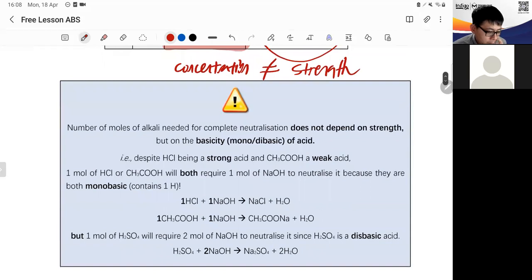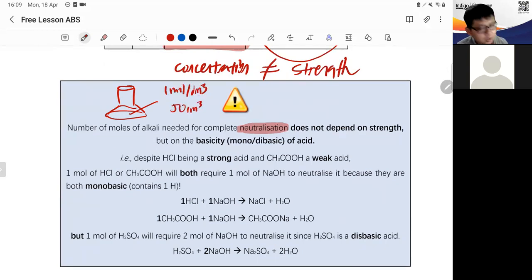If you have already learned more concepts in stoichiometry, this bit is relevant to you. If you have not, then it's probably not that relevant yet, but it's good to get a feel of it first. If you talk about neutralization, say I give you a conical flask full of acid, with a concentration of, let's say, 1 mole per dm cube, and 50 cm cube.